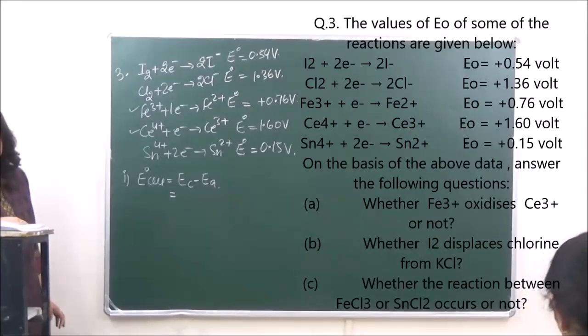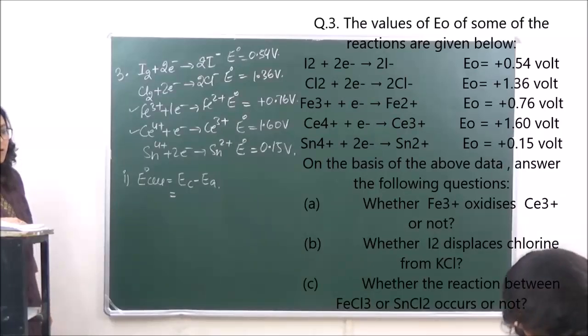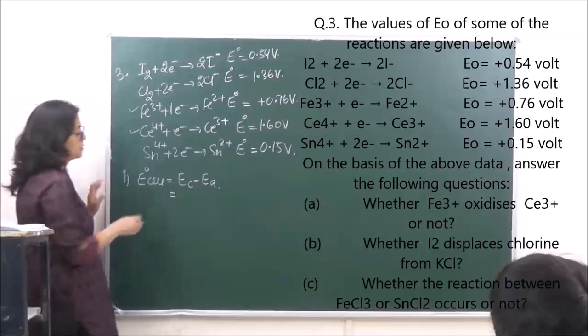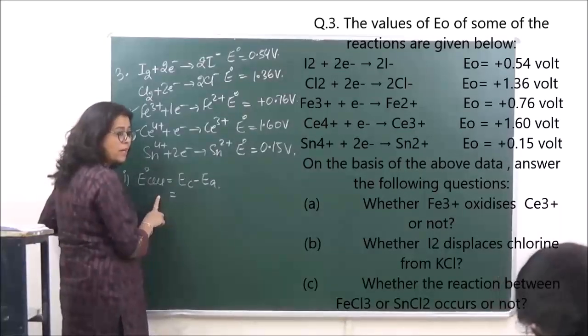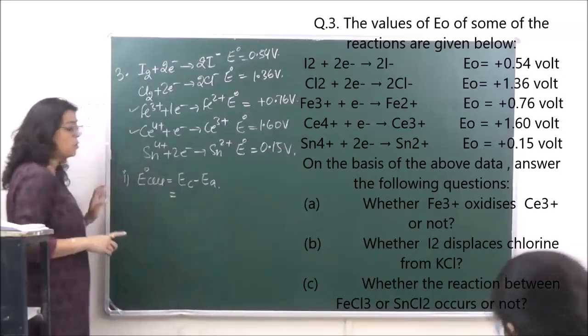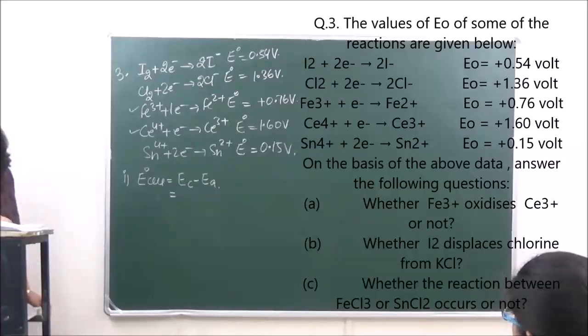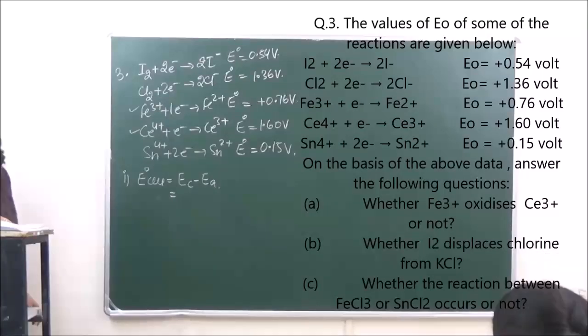Oxidation value of E naught should be minus 1.60 volt. So what will be the EMF? It will come as negative. Why? Because the formula which we are using over here is reduction potential is 0.76 and oxidation potential is minus 1.60.